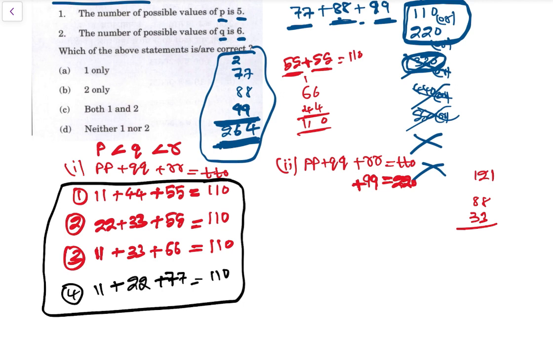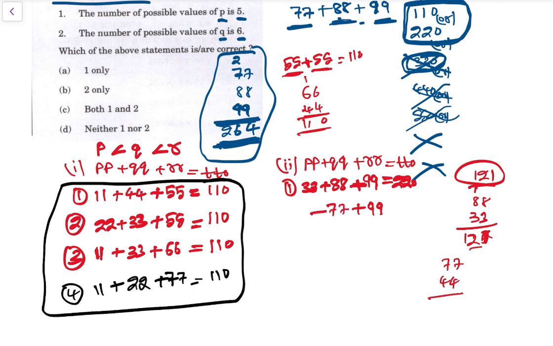So that will be possible. 1 and 12, 121. So QQ is 88 plus PP is 33, okay. So this is one possibility. Then 99 plus 121, the possibility is again 77 plus 44, so this is 220.